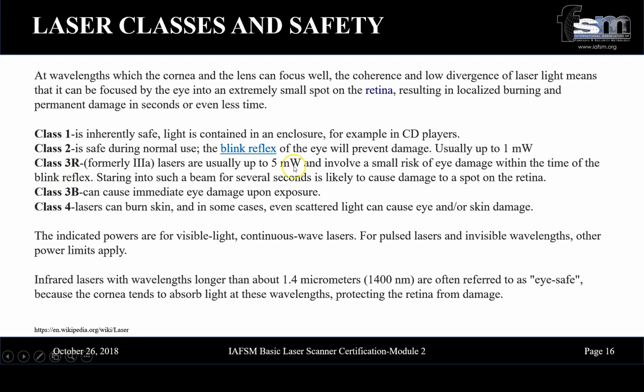Class 3R now gets up to about 5 milliwatts, so you have to be a little bit more careful here in terms of pointing things at people's eyes. And then class 3B can cause immediate eye damage. And when you start getting up to class 3B and class 4, these may typically end up being like scientific equipment, or maybe industrial equipment, things like that. So this is where you really have to be careful about having damage.